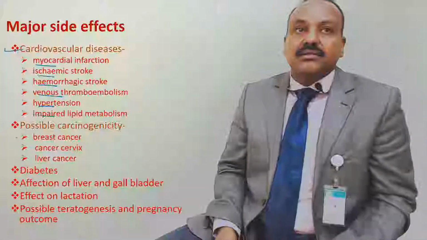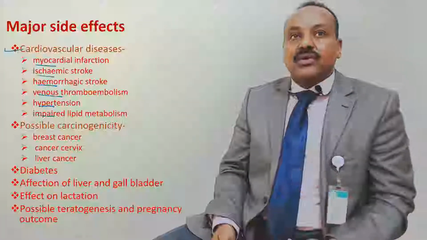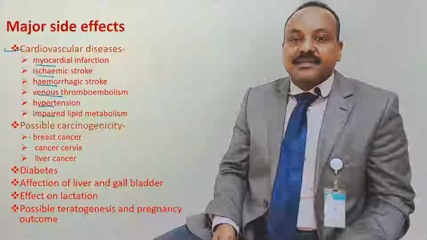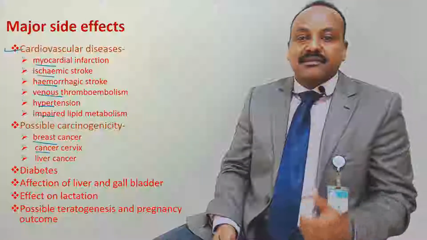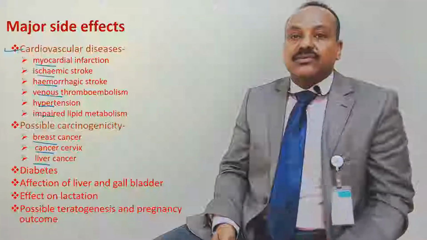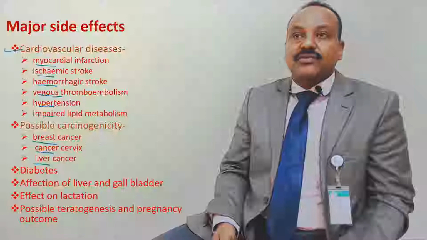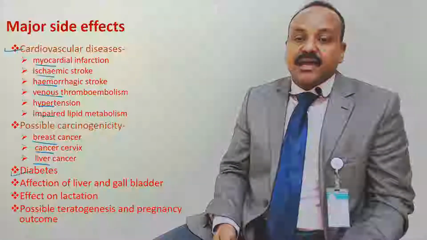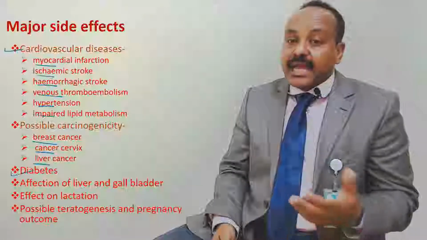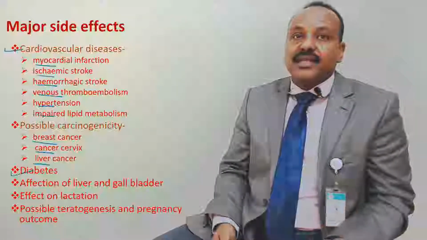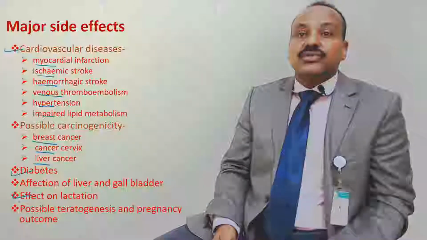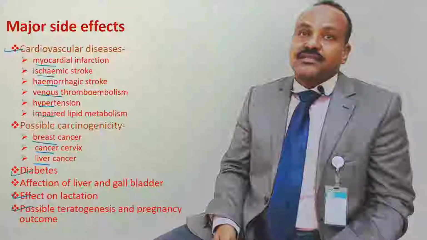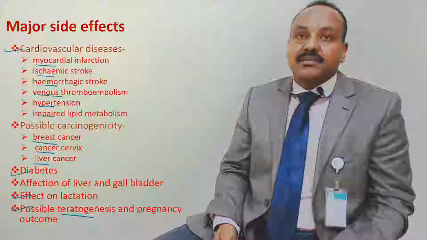Also, they found a relation between using the oral contraceptive pill and cancer: breast cancer, cancer of the cervix, liver cancer, and also diabetes, one of the risks of using the contraceptive pill for a long time, as well as an effect on lactation. And if the woman accidentally uses the pill, it can cause some teratogenesis if she does not know she is pregnant.